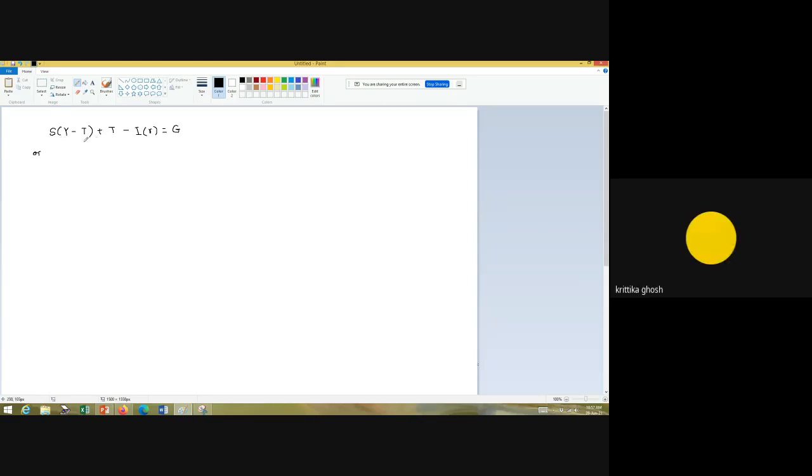What will this be? So S prime dy/dg minus I prime dr/dg is equal to 1. Okay, and this one, the LM curve: k dy/dg plus L prime dr/dg equal to 0.